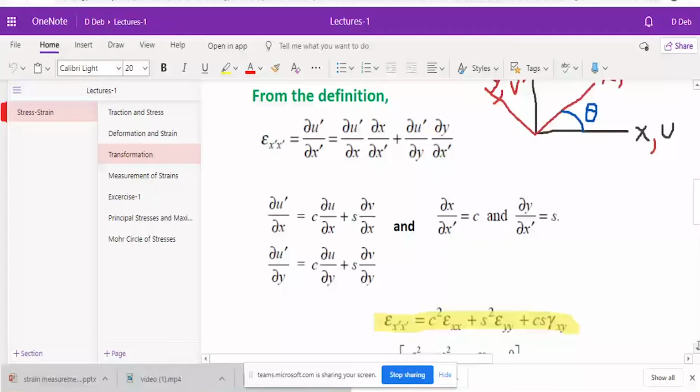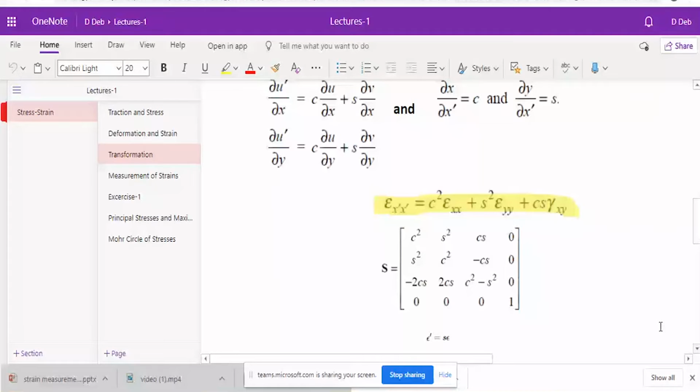You see, this is not simply converting from one direction to another, because it is not a vector quantity. Remember that it's a tensor. Now for the other directions, like epsilon yy and gamma xy, do not consider this at this point of time.